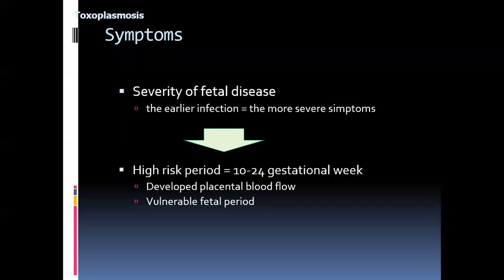High risk period can be about the 10 to 24th week of the gestational period, जो 6 महीने तक की तकरीबन, 2.5 महीने से लेकर 6 महीने के दरमियान, mainly high risk होती है for the transmission of the infection.